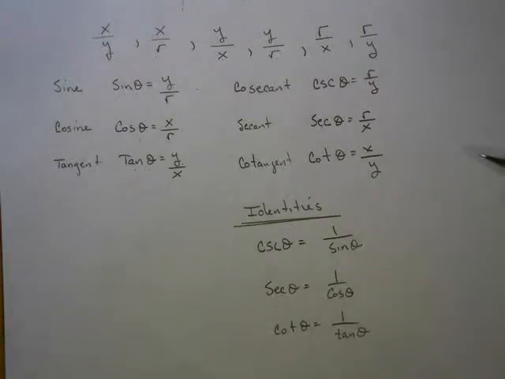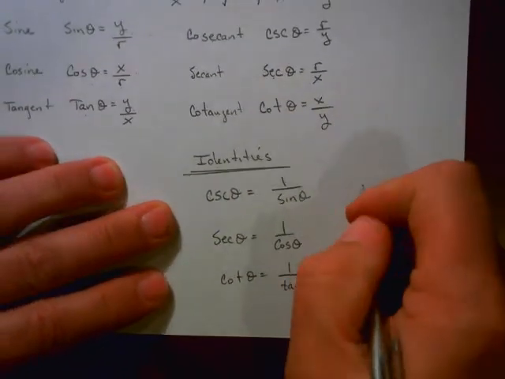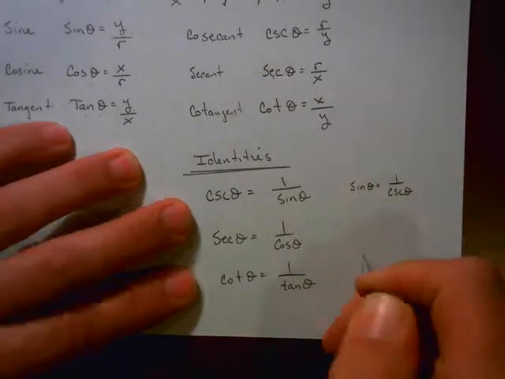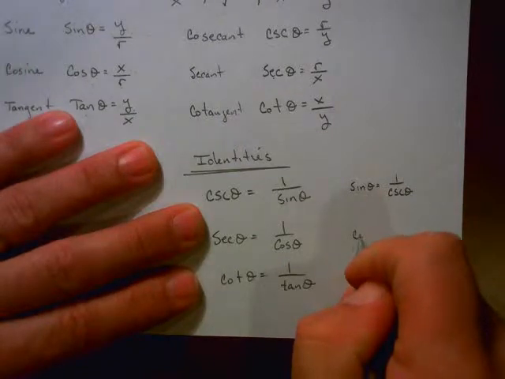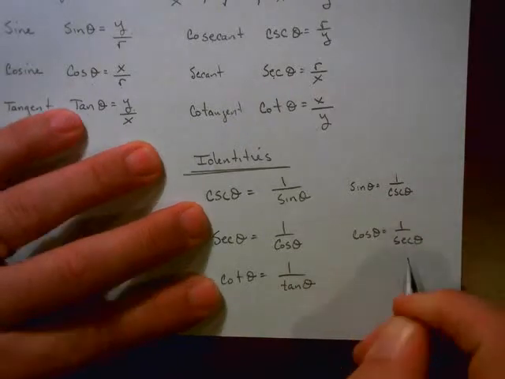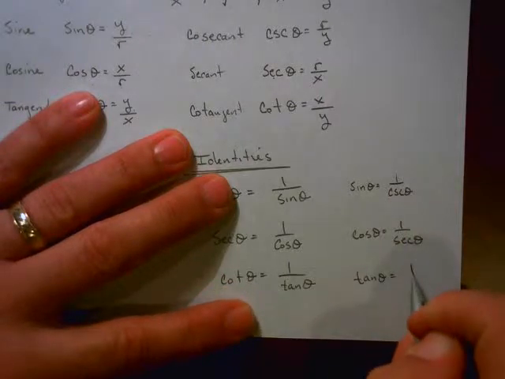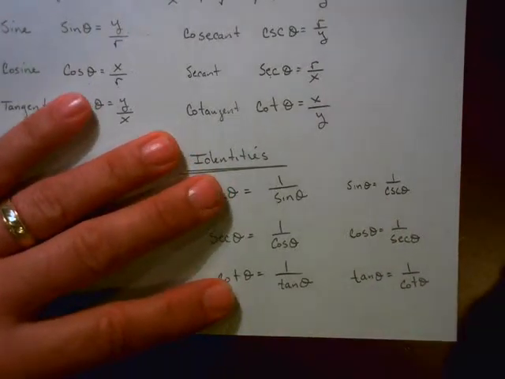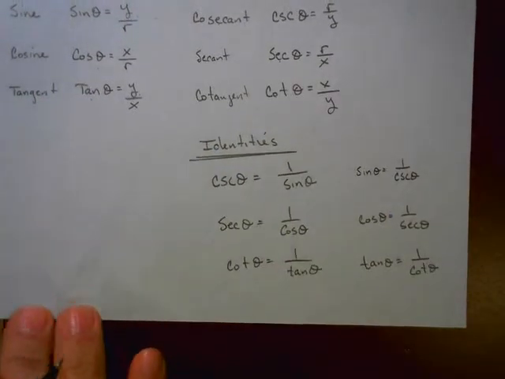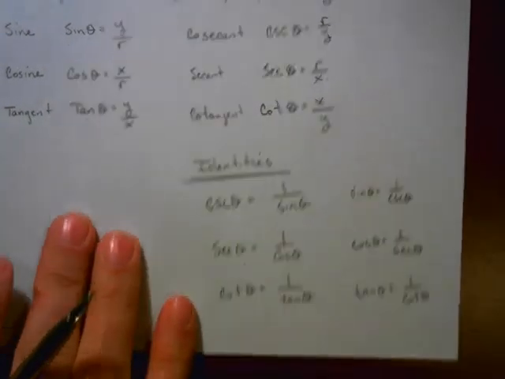From this, we can come up with more identities: sine theta is the reciprocal of cosecant theta, cosine theta equals the reciprocal of secant theta, and tan theta equals the reciprocal of cotangent theta. We'll use those down the road depending on what information is given. We want to know the ratio of our sides with one another.